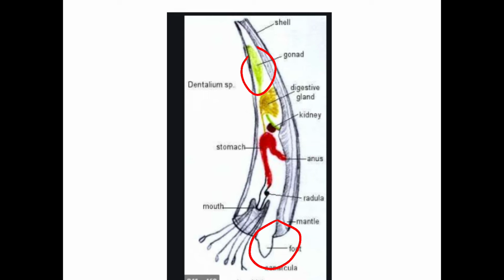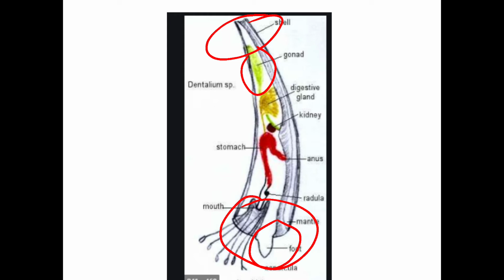Then the mantle contains two lobes that are fused or united mid-ventrally. It is not in this image. Then it forms a tube, so it will give rise to the tube-like shell. That means the mantle will secrete an external tubular shell, and the shell has two openings at both ends.